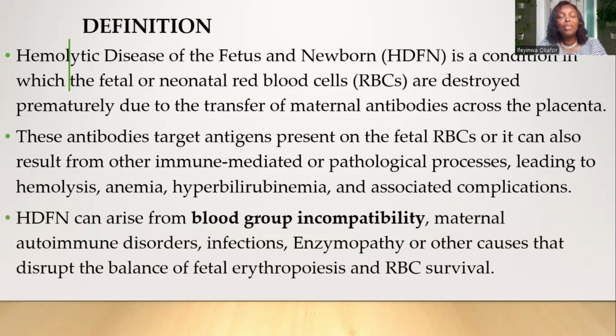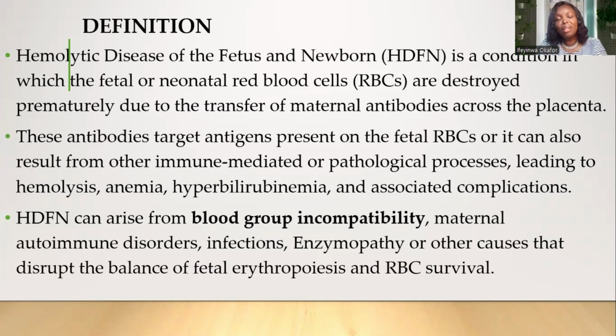Now, hemolytic disease of the fetus and newborn can arise as a result of blood group incompatibility, maternal autoimmune disorders, infections, enzymopathy, and other causes that disrupt the balance of the fetal erythropoiesis and red blood cell survival. Now, the things that can actually lead to destruction of red blood cell or hemolysis of fetal red blood cell, it could be blood group incompatibility between the mother and the child.